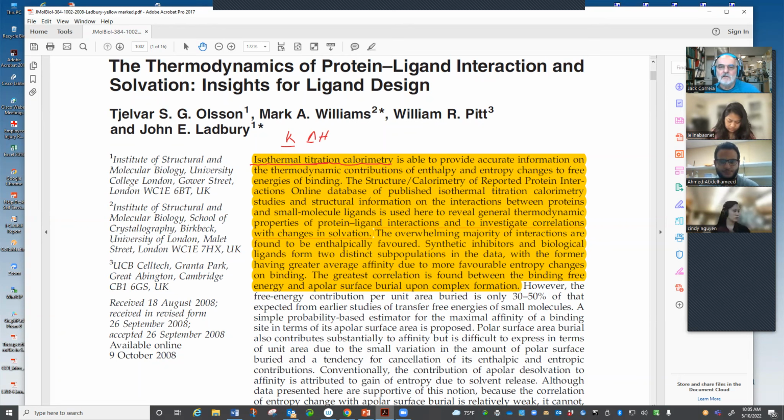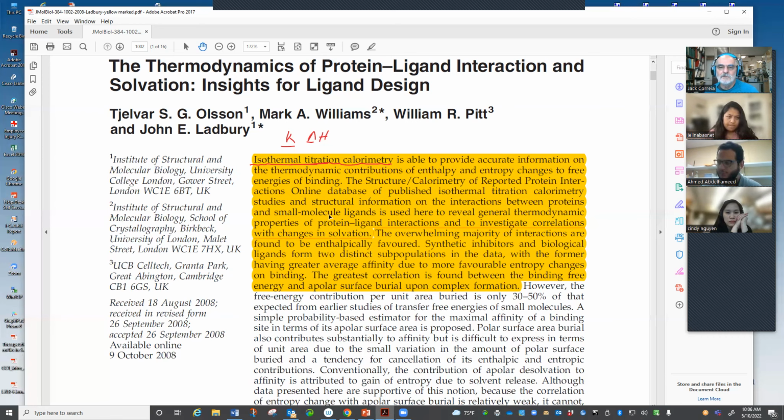So what they're doing is they want accurate information on the contribution of enthalpy and entropy to free energy of binding. And so they're using published ITC data along with some structural information, which basically means calculating surface areas of ligands. So you need some kind of structural information about the drugs, the ligands, and how they interact with proteins.